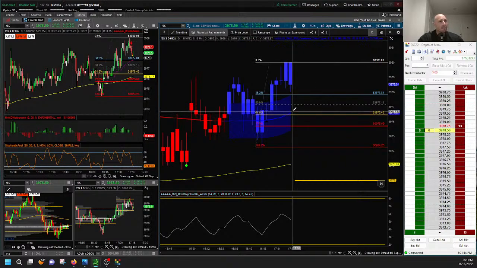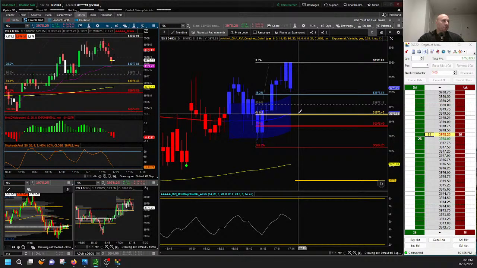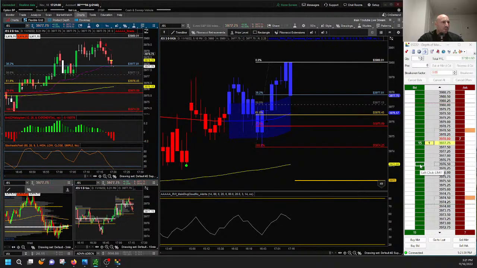I kind of like it if we get down to that level. You've got the 200 on the 1 minute right below it. Yeah, that trade could work. $76.50.